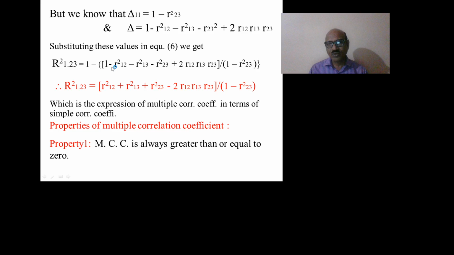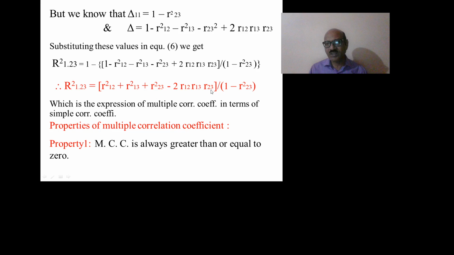So this is the expression for R1.23 square, equal to R12 square plus R13 square plus R23 square minus 2 times R12 R13 R23, divided by 1 minus R23 square.